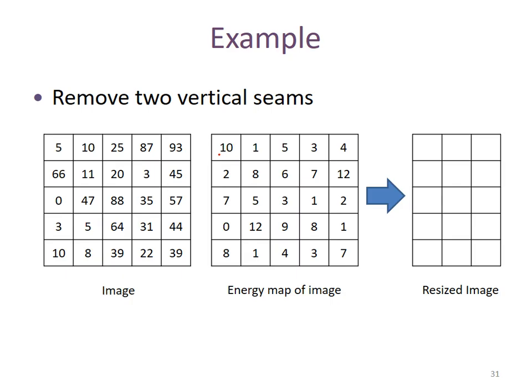For this position, the energy is 10. When the seam goes down, we can choose the minimal energy from these two candidates. We can see this one, 2, is smaller than 8, so the seam goes down here.